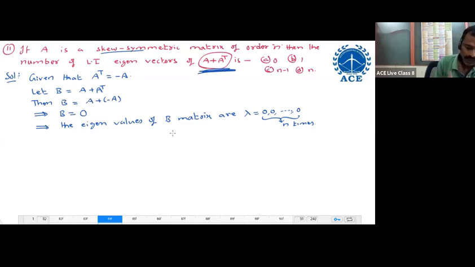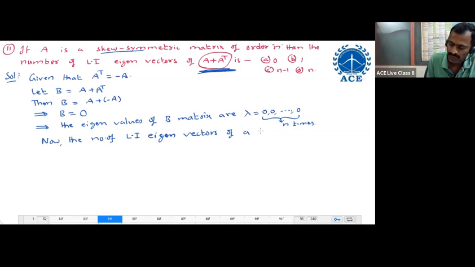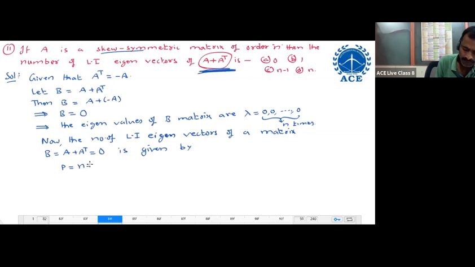Now, the number of linearly independent eigenvectors of the matrix B equal to A plus A transpose equal to the 0 matrix is given by P equal to n minus r, where n is the order of the matrix, since the eigenvector will contain n elements.